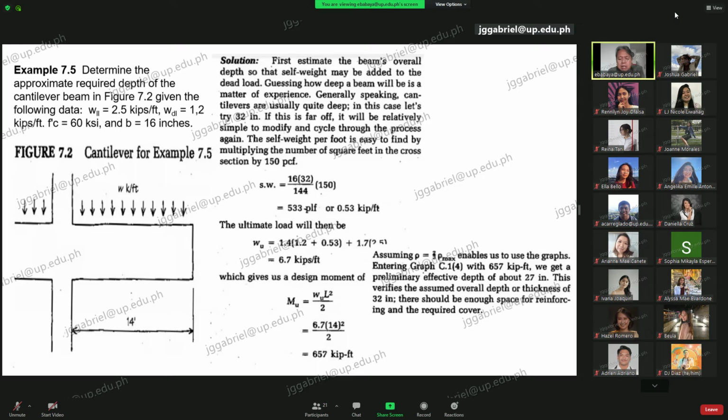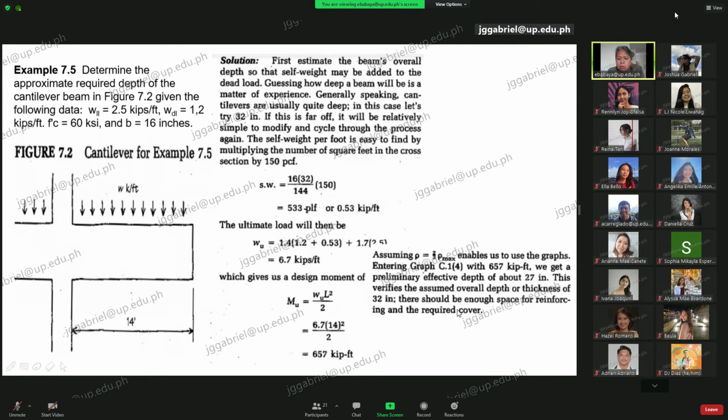And the value of that moment is w, distributed load, times L squared, the length, all over 2. Okay? So this cantilevered beam is acted on by a distributed load from the support up to the free end. Okay, so having that, you get Mu equal to 657 kip foot. Okay?